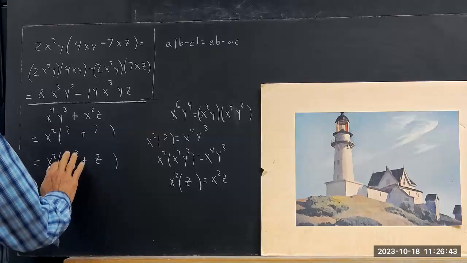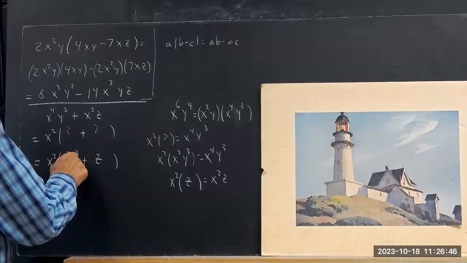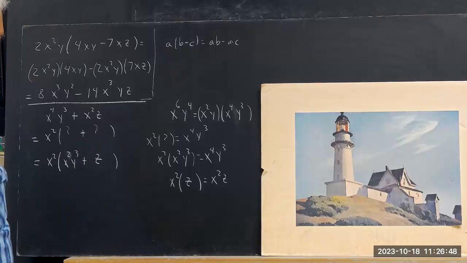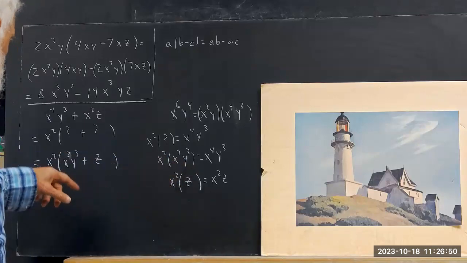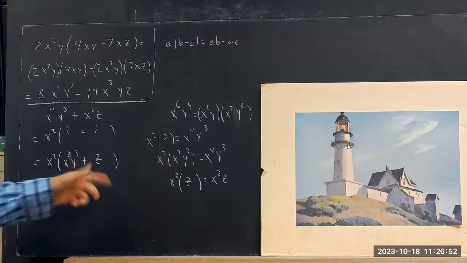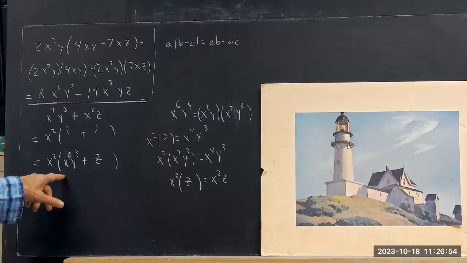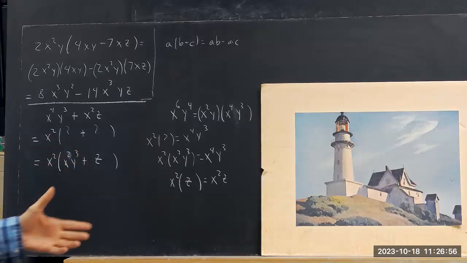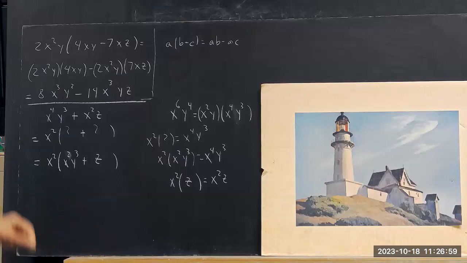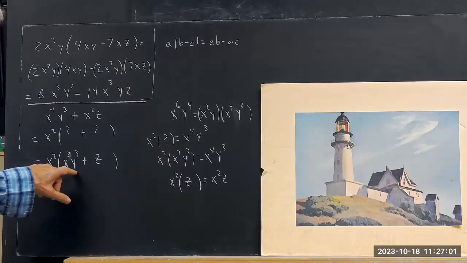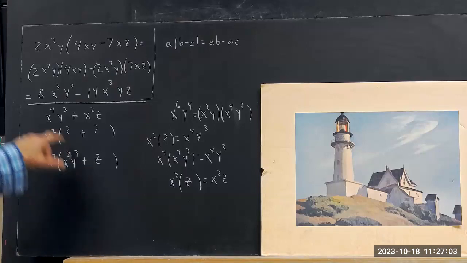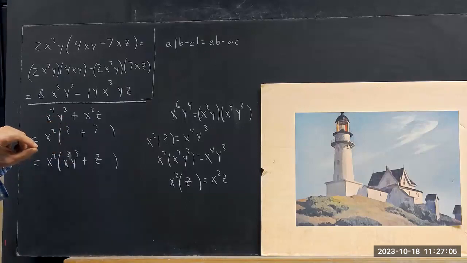And I wrote something down wrong here. I said that was x to the fourth y cubed, because I was looking at this, but it's obviously x squared y cubed. Let's just check this out to make sure it works. I multiply x squared by x squared y cubed. Do I get x to the fourth y cubed?